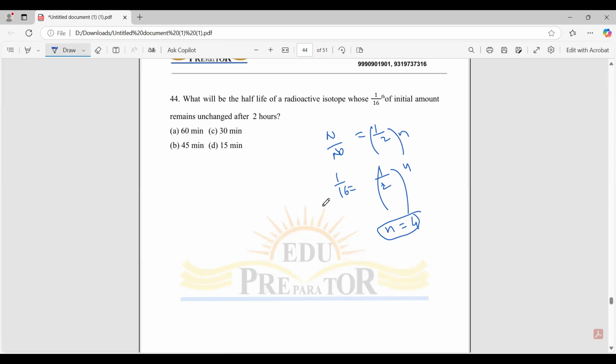So you have the value 4 is equal to 2 by the half-life. Right? So what is the half-life of the substance? Half-life will be 2 by 4, which is equal to half an hour, which is equal to 30 minutes.